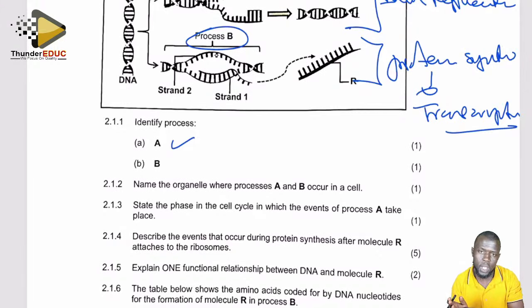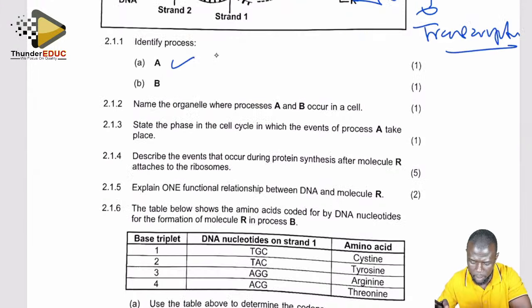If you look at the differences, you can talk about two strands acting as a template in replication, while in transcription one strand acts as a template. You can talk about two new DNA molecules being formed, while here messenger RNA is being formed. They can also ask about the differences between the nucleotide of DNA and the nucleotide of RNA. So they can ask you a lot of questions concerning that.